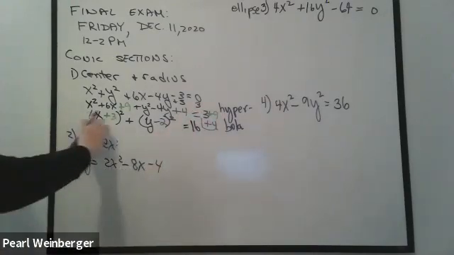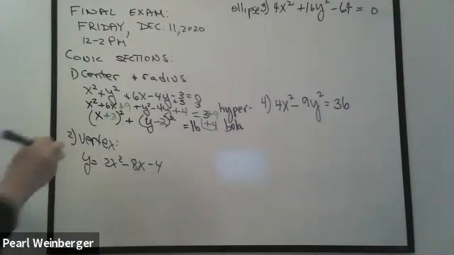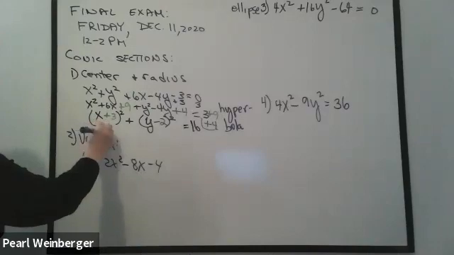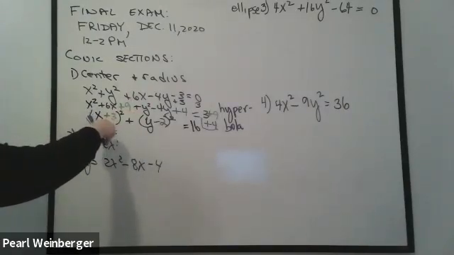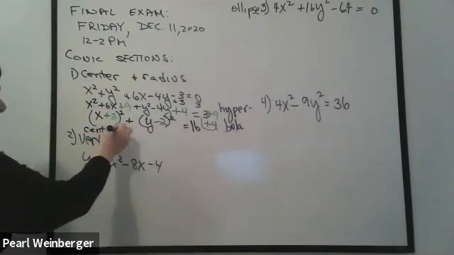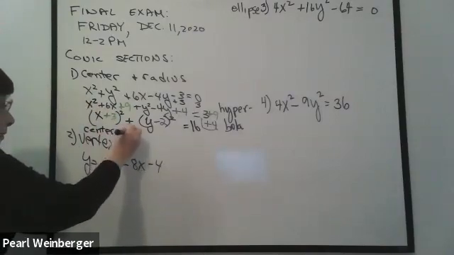And now this is in standard form. And since it's in standard form, we can right away write its center. Remember, the center comes from the numbers that are inside the parentheses. The x of the center will be -3, because you always switch the sign.